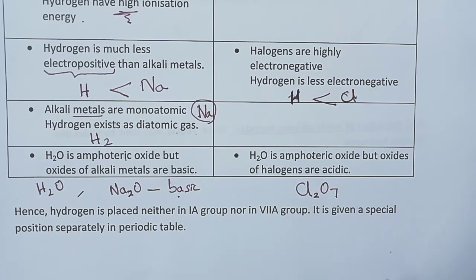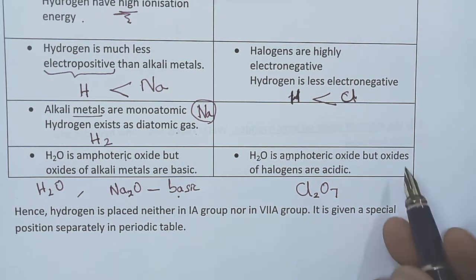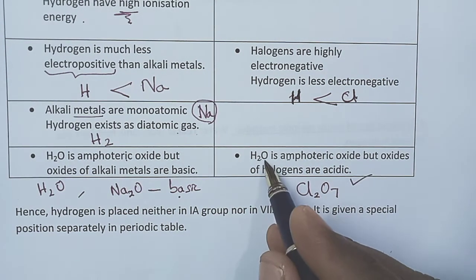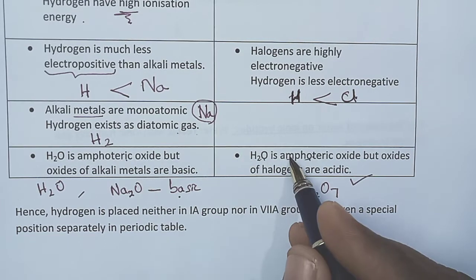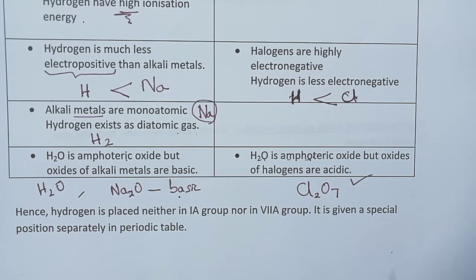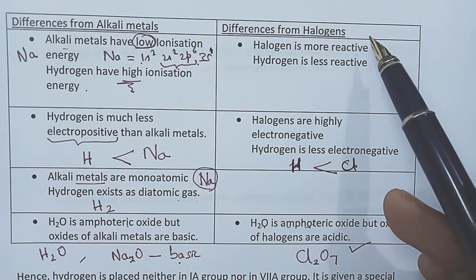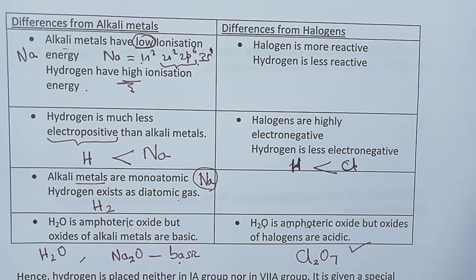It is an acidic oxide. So oxides of halogens are acidic, whereas the oxide of hydrogen is amphoteric. So here we understand that hydrogen is a little bit different from alkali metals, and a little bit different from halogens.